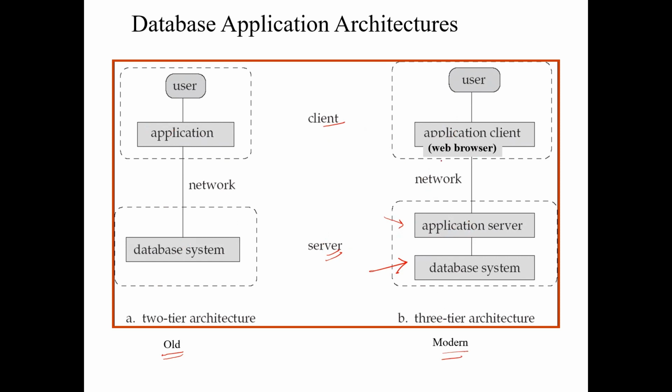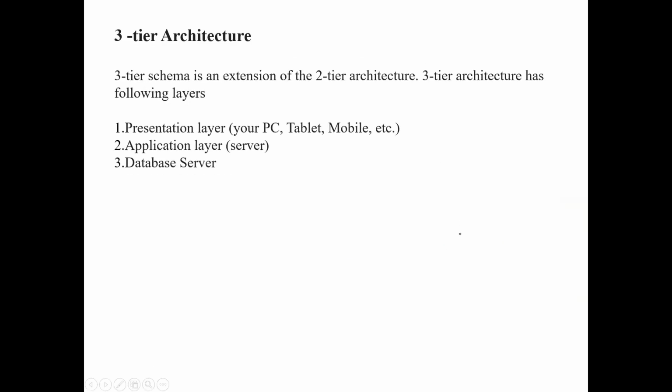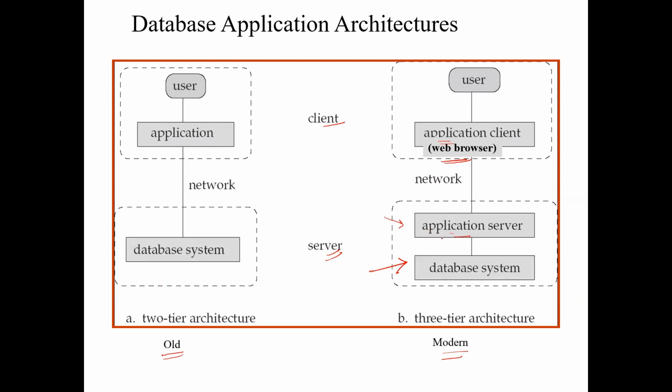Here the client has a web browser, so that is called a web application, through which it accesses the application server. The application server is where the front end code is written, and that code accesses the data from the database system. That's why the database system is accessed only through the application server. Therefore, it is called the three-level or three-tier architecture.